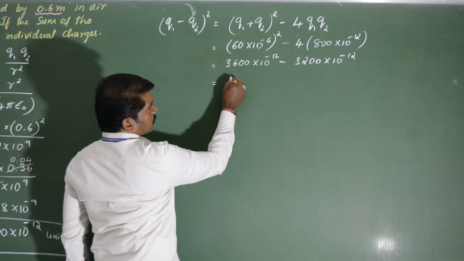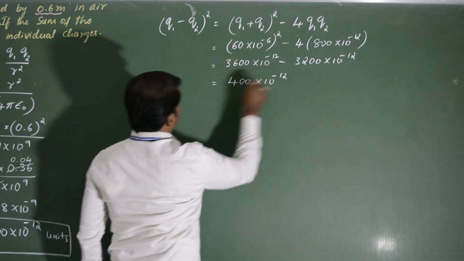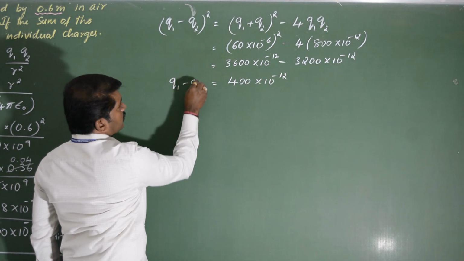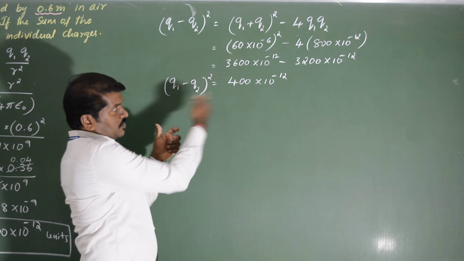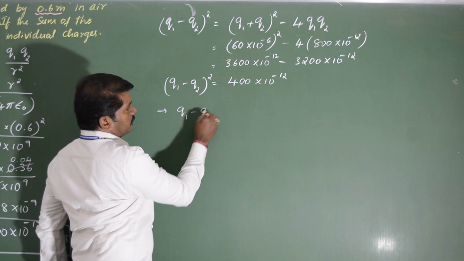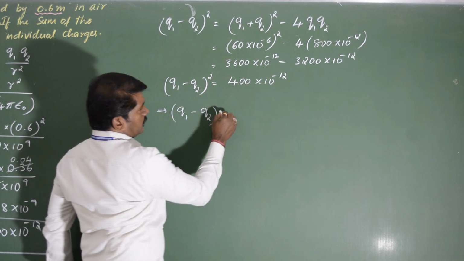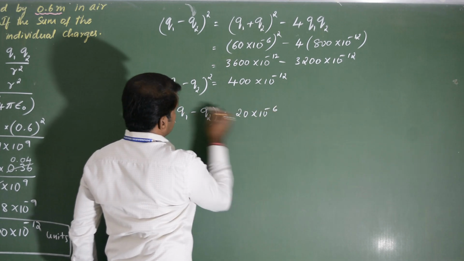Then this is equal to 400 × 10⁻¹², which is (q1 − q2)². If I take the square root of this, q1 − q2 is equal to 20 × 10⁻⁶.